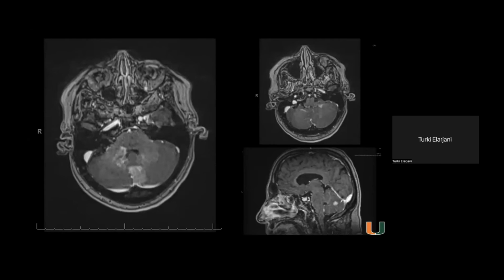Yeah, so this is an MRI, axial and sagittal with contrast. I can see that there are multiple enhancing areas of the cerebellum and the right middle cerebellar peduncle that goes to the facial colliculus. I guess there's no facial weakness, right?